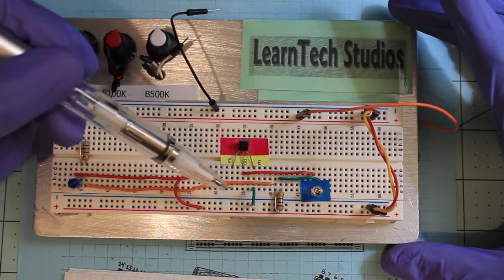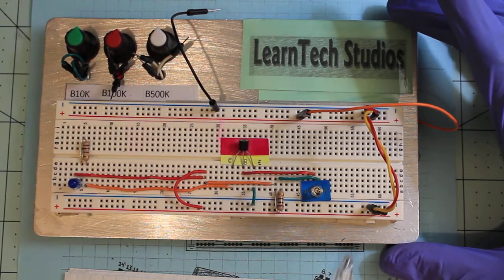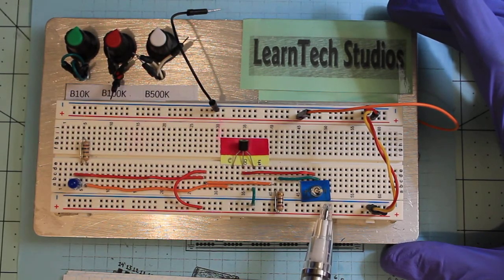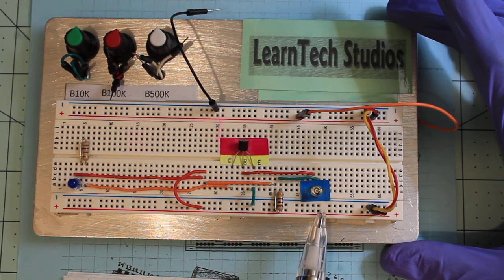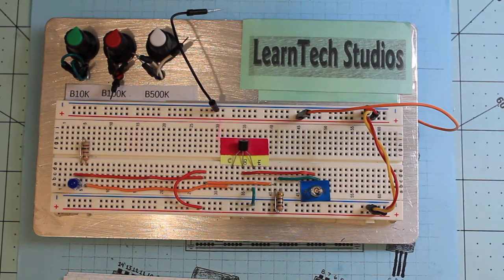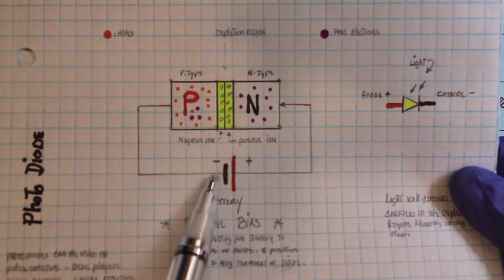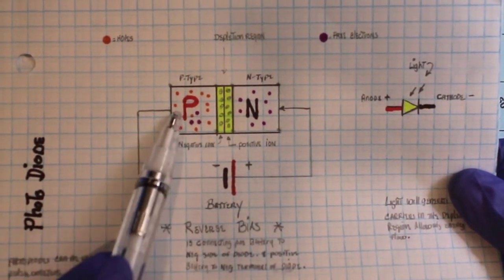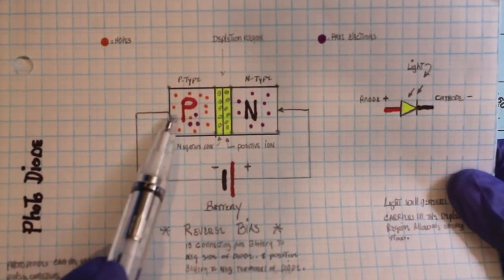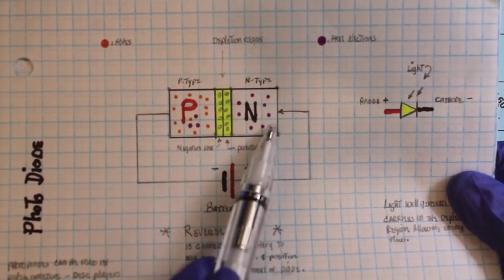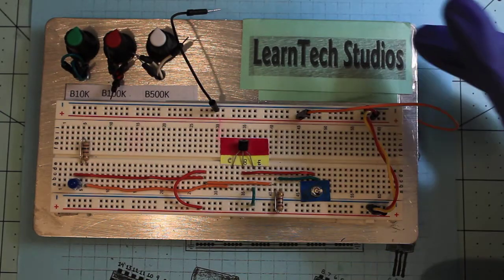Remember, we said we were reverse bias, so actually this negative pin of the photodiode is being fed with a positive supply, and the positive is being fed with a negative, as in the drawing here it was showing you. You see how the negative is going to the positive part of the photodiode, and the positive is going to the negative side of that. That's what's happening in the circuit.